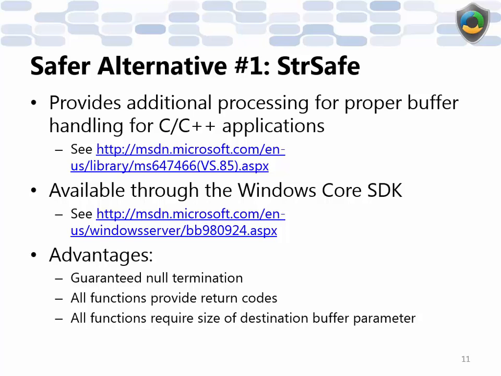Next, all functions in this library return a status code that indicates the success or failure of a function call. These codes can be useful to developers to help them determine whether or not there was an application error, like a buffer overflow that's occurred. Finally, each function in the StrSafe library requires a destination buffer size parameter. These parameters help ensure that the function is not writing past the end of the buffer, which again would cause a buffer overflow.